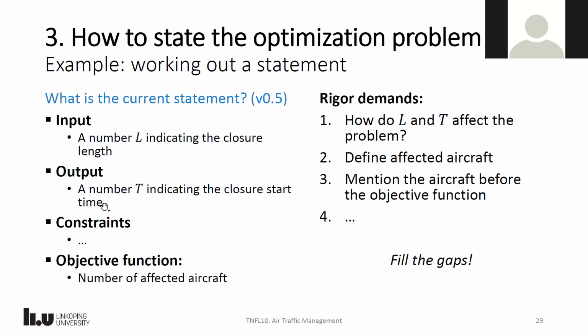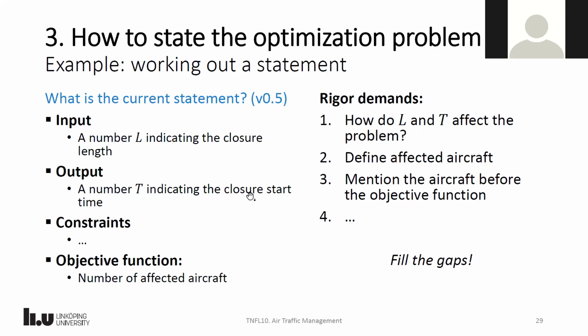The output would be the time indicating where the closure starts. This we have named with the letter T. We don't need to do that, but in this case, we have done it to make things a little bit clearer.